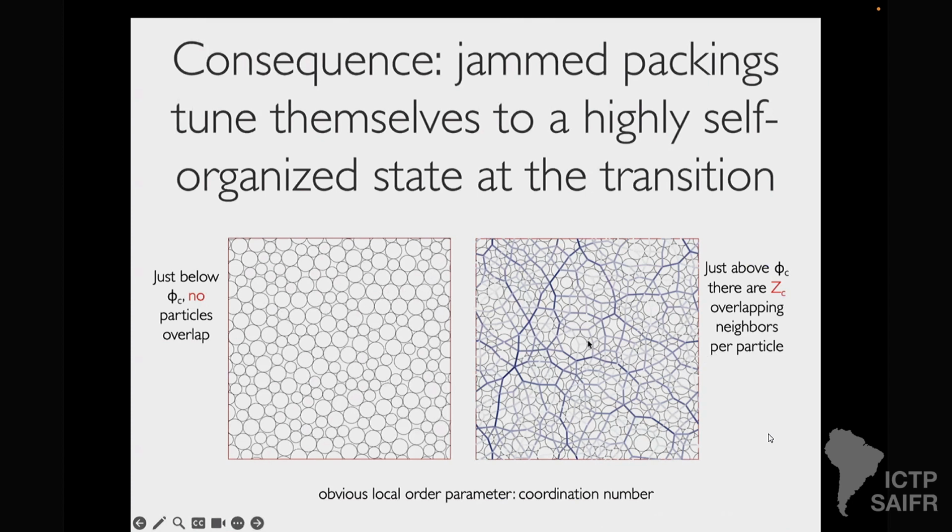And so if I just increase the pressure just a tiny bit, so if I change my boundary conditions a tiny bit, then all of a sudden, each particle has exactly z_c contacts. It has the mean field prediction of the number of contacts. So this is a picture, and if you go in and look, each particle basically has the 4 contacts that it needs to have in 2D, right across the critical point.